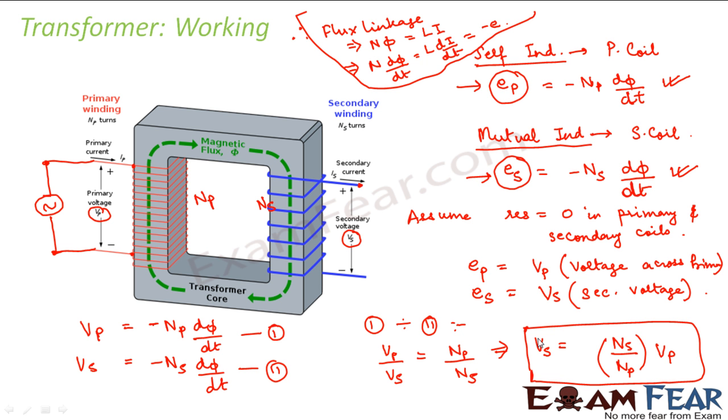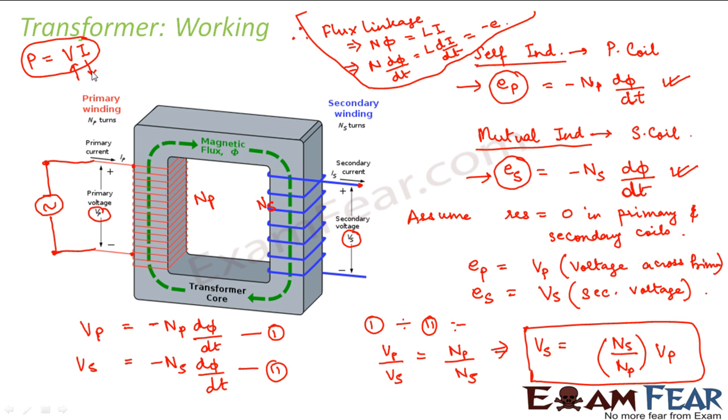So how will the net power remain the same if your voltage is increasing? We know that power is equal to voltage times current. I want power to be constant, but I want voltage to increase. So if voltage is increasing, then current has to decrease. If voltage is becoming double, then current has to halve itself so that the net power remains the same.